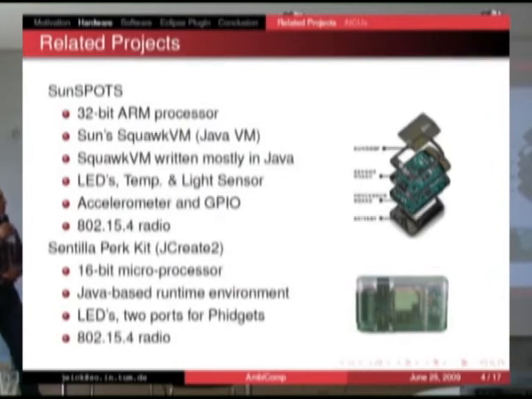Hardware for little embedded network systems isn't new. There are a bunch of examples for such platforms. I want to pick just 2 of them. They're very popular, at least in the academic world, mostly from the field of sensor networks. These are SunSPOTs and the Sentilla Perk kits.